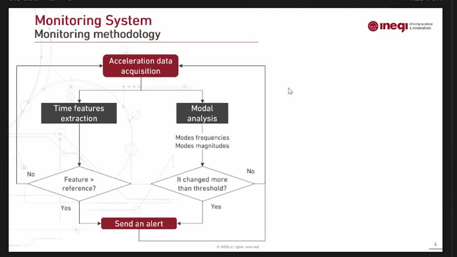If they change from what we expected, we know that something is different in the integrity of the structure, because if the stiffness, the mass or the geometry of the structure changes, the modes that are being excited, especially the frequencies, change too. So if we detect an abrupt change in the frequencies, we know that something is wrong.